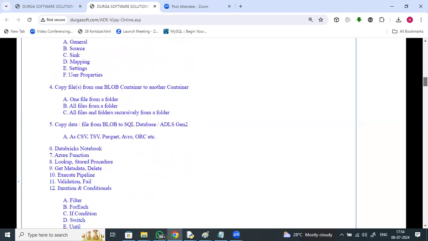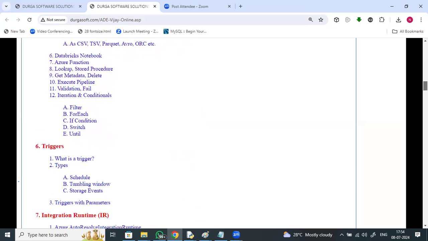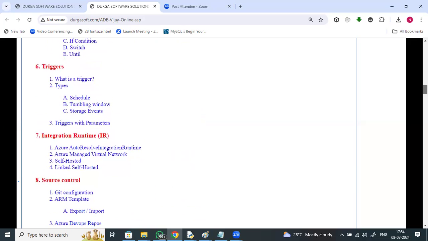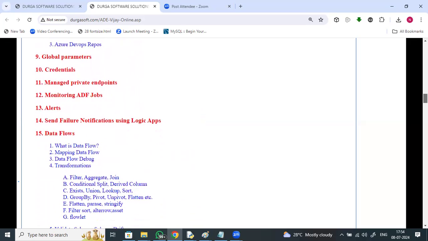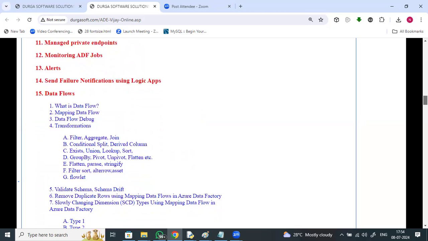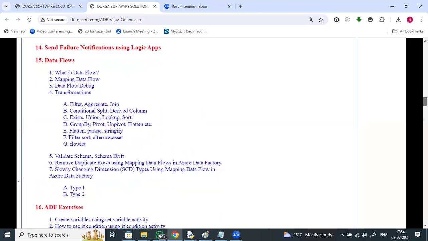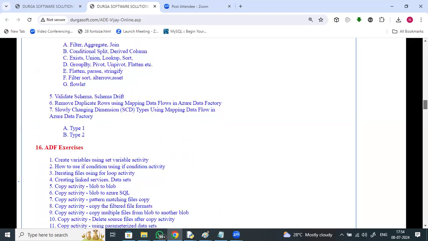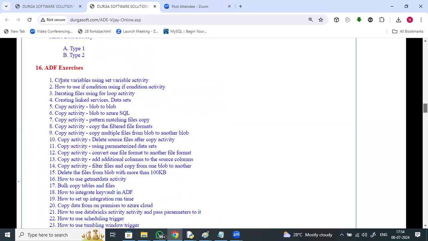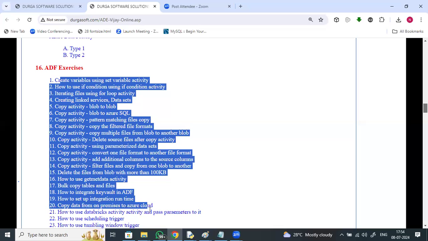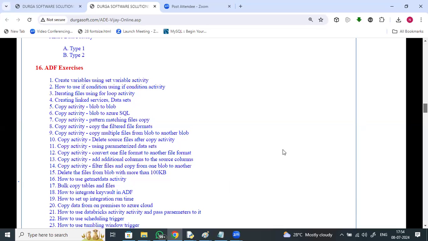A lot of everything practical: triggers, integration runtime (IR), source control, global parameters, monitoring ADF jobs, alerts, data flow debugging, transformations, ADF exercises, right? Creating all these are what we are going to do in the ADF exercises: copy activity, different types of activities.